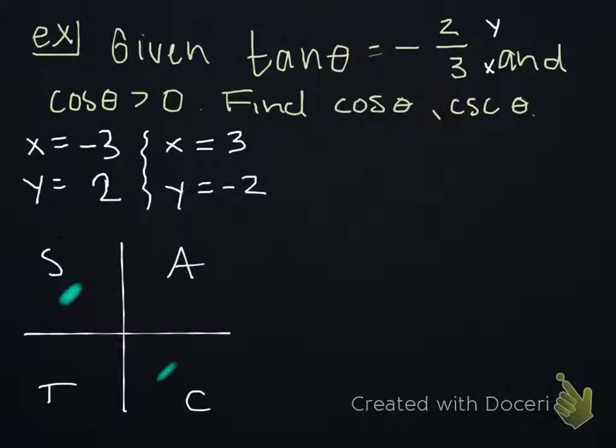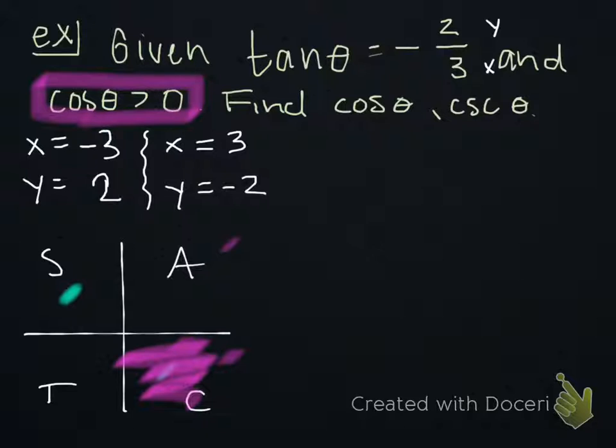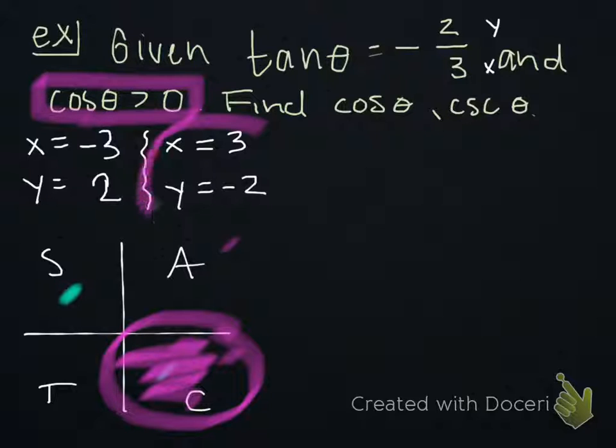So notice again they tell you that cosine is greater than 0. So cosine is greater than 0 in quadrant 1 and in quadrant 4. So the overlapping of our dot and our shading is going to be in quadrant 4, which means the scenario that we're going to use is this one right here, which means this one gets tossed out the door. So I definitely know that x is positive 3, and I know y is negative 2.